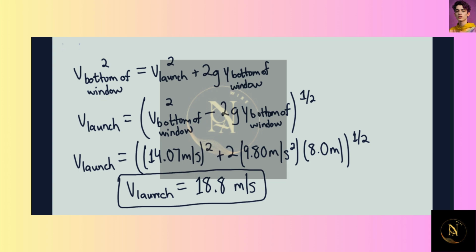We need to find the maximum height. So, last part, to find the maximum height, we find the velocity at max height quantity squared. This is going to equal velocity at launch squared plus 2 times g times y max minus y initial.